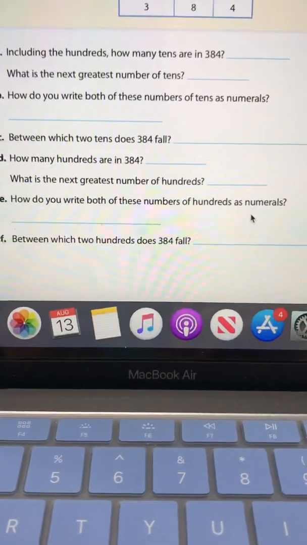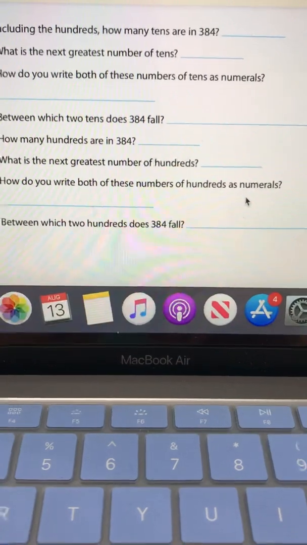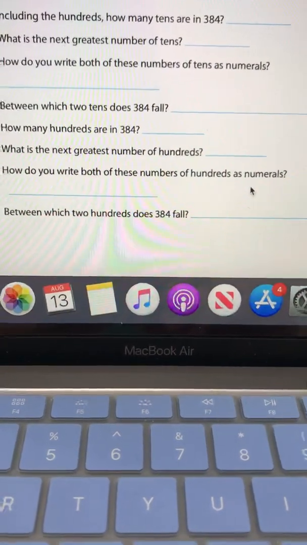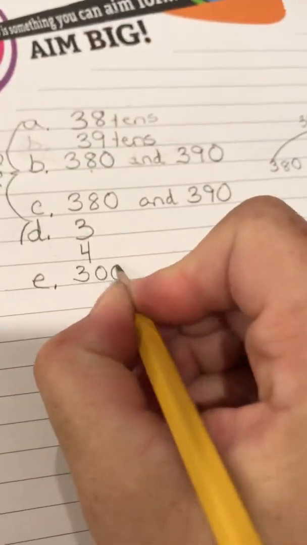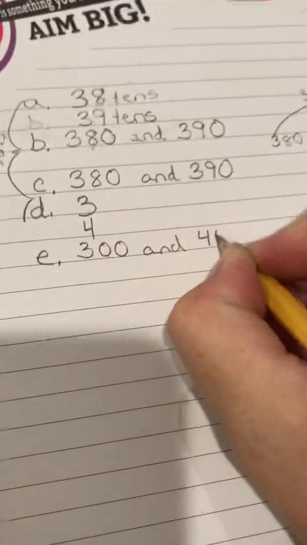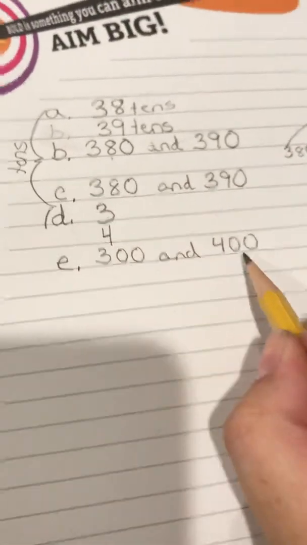Well, how would we write that 300 as a numeral? What would 300 look like? That's right, 3, 0, 0. And what about that 4? 4, 0, 0. 300 and 400.